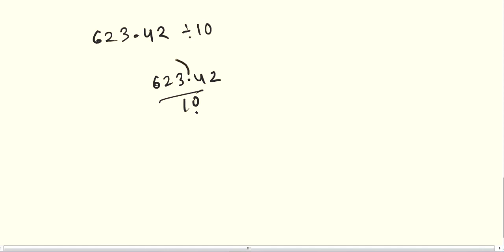Suppose you are having 623.42 and you are dividing this by 10. So 623.42 divided by 10. 10 means what? Only one zero. So this decimal will move to the left side. So it will be like 62.342. Clear?